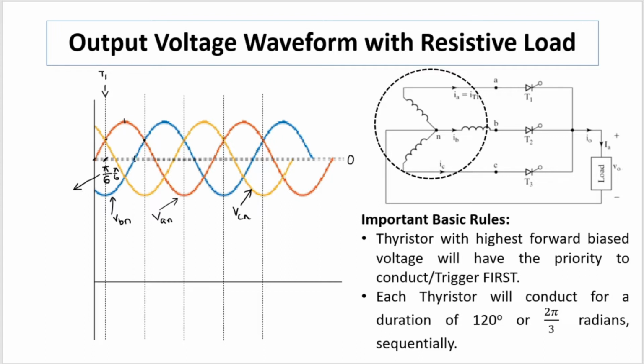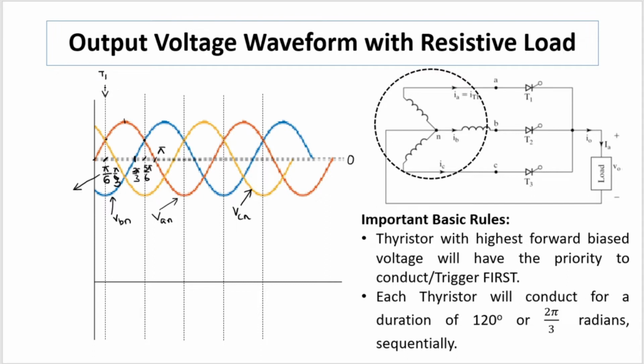The crossover of this blue wave represents 2 pi by 3, that is 120 degrees. The crossover of blue and red represents 150 degrees, that is 5 pi by 6. And finally the complete first positive half of this red wave ends at this point, pi. So the durations are pi by 6, pi by 3, 2 pi by 3. Of course, between pi by 3 and 2 pi by 3 there is pi by 2, then 5 pi by 6 and pi.